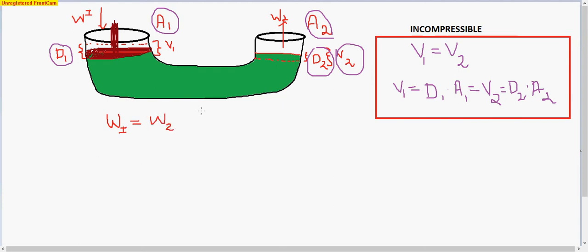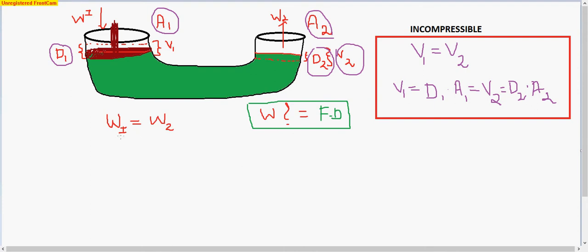This is because of the conservation of energy, and energy is neither created nor lost. So W1 is equal to W2. Now what is the formula for work? Work is equal to force into displacement, right? I hope you have learned that.